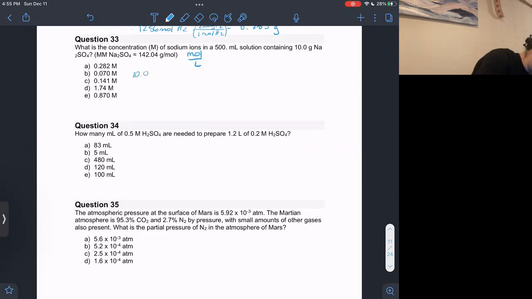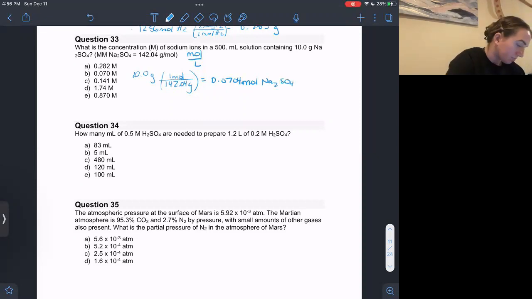We'll do 10.0 grams. We have 142.04 grams in 1 mole. So I have 0.0704 moles of Na2SO4 in my whole sample.